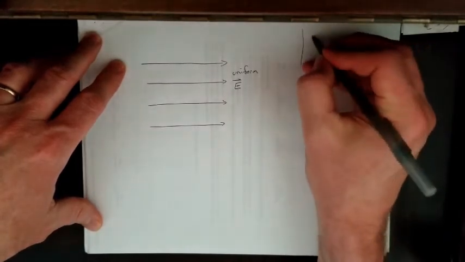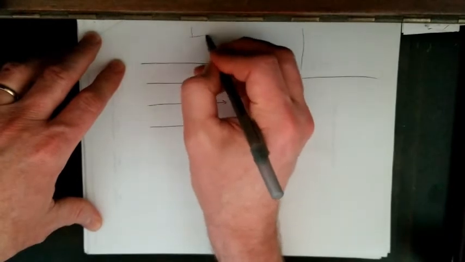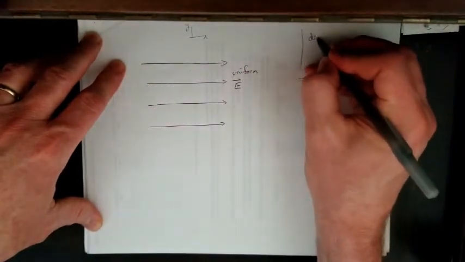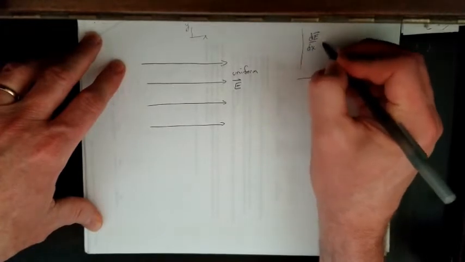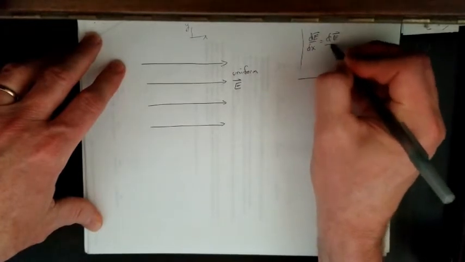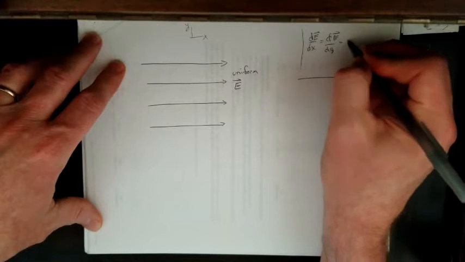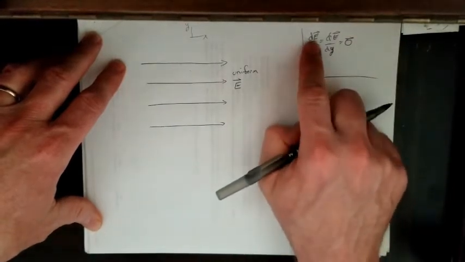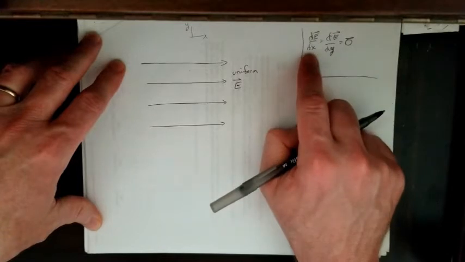So what I'm saying is that if I've got an x and y coordinate system here, that dE/dx is equal to dE/dy, which is equal to 0. I'm just saying that the electric field changes with respect to x not at all. There's no change.